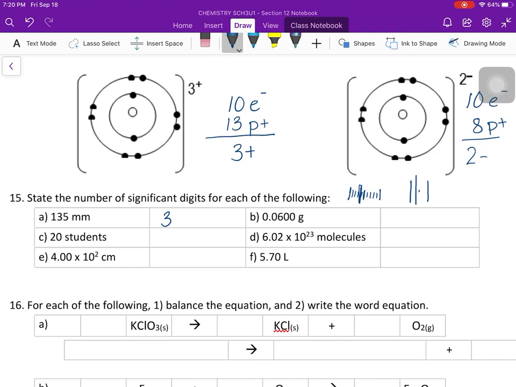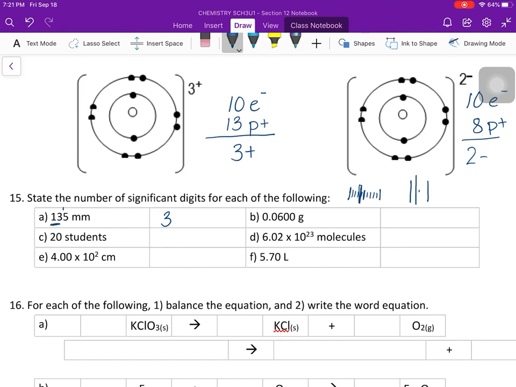So was that in between 135 and 136? And so then I would have put that down. And because they don't have another place value there, my assumption is that my measuring device only measures to there, and then I'm guesstimating that last number.